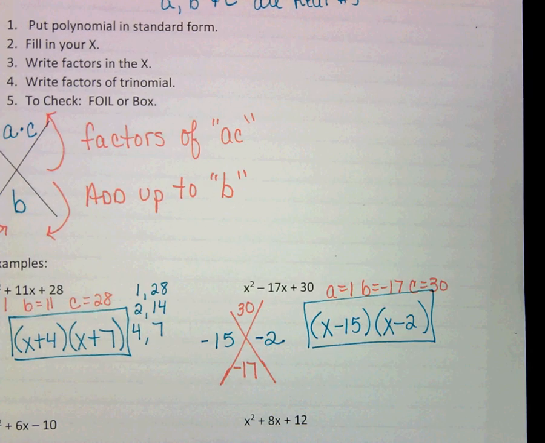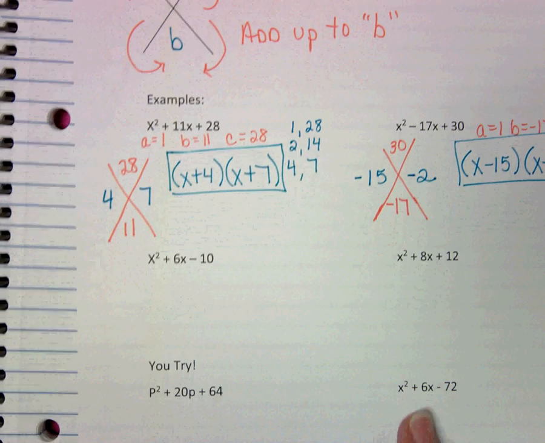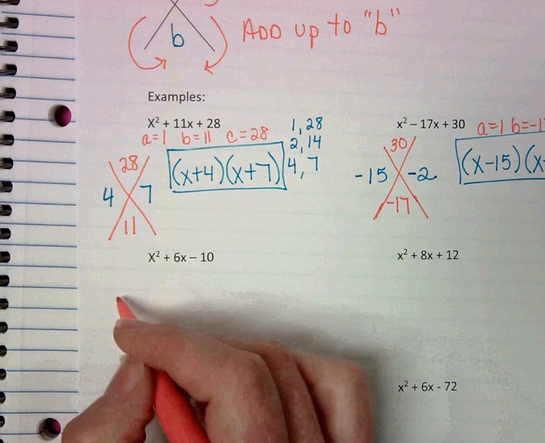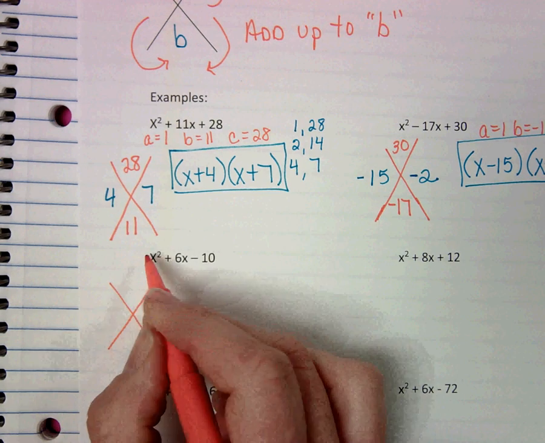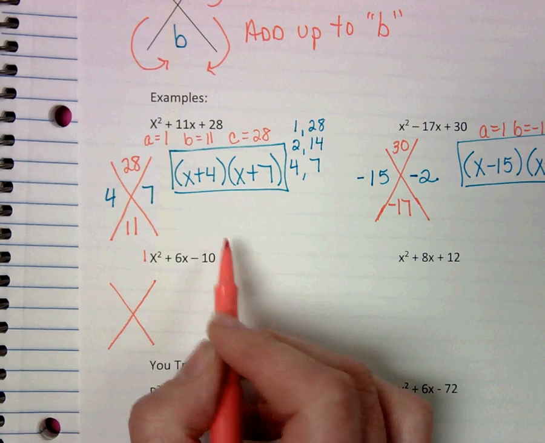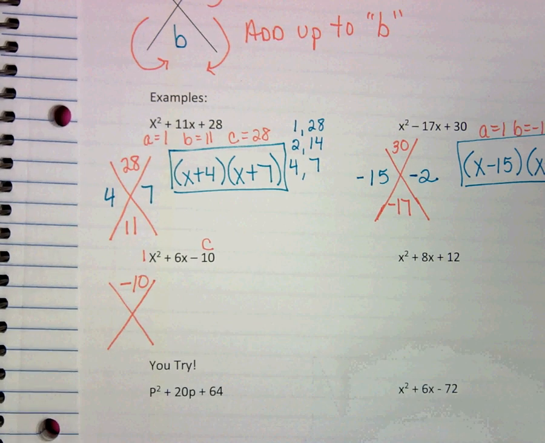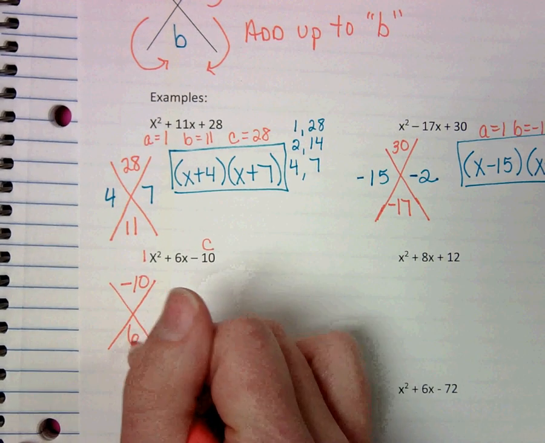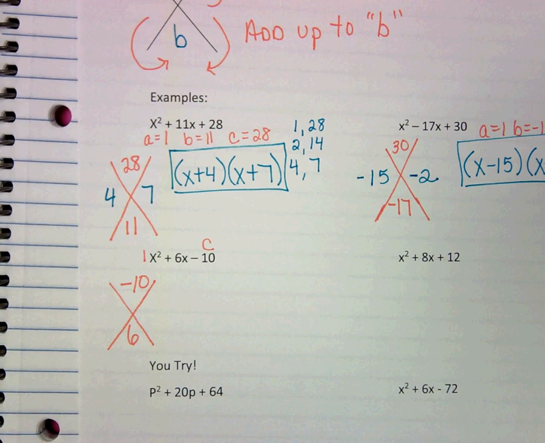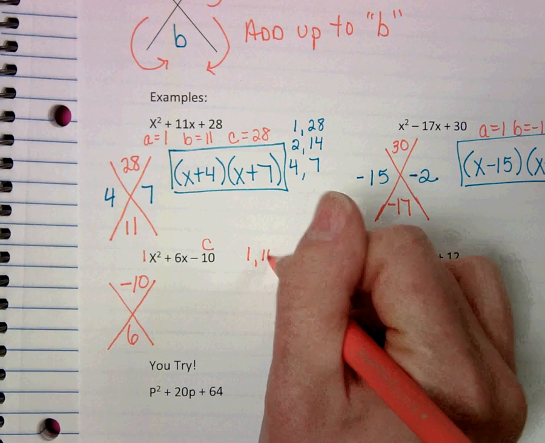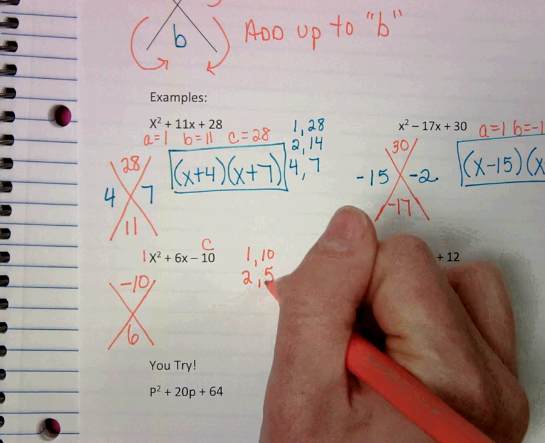Okay, look at the next one. My a value is still 1. My c value is negative 10. So a times c is negative 10. My b value is 6. What factors of 10 are going to add up to 6?